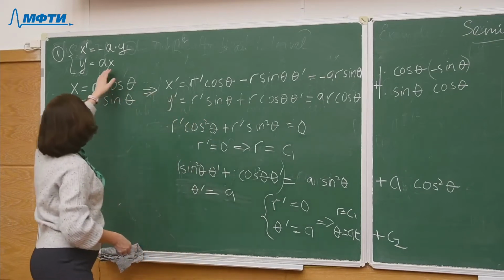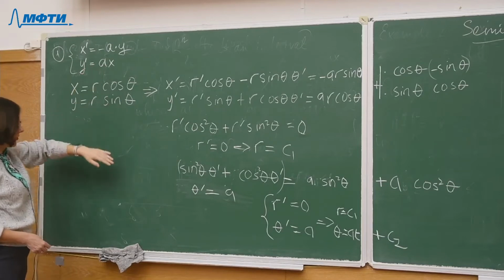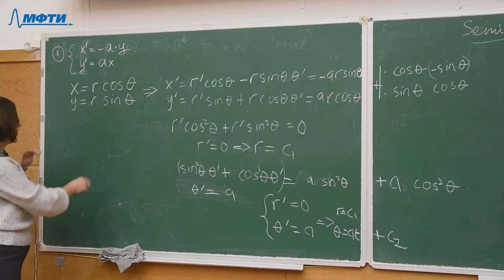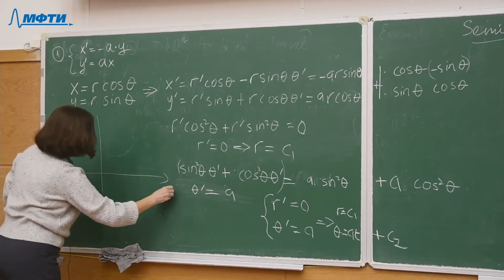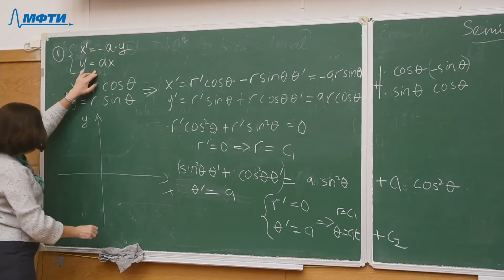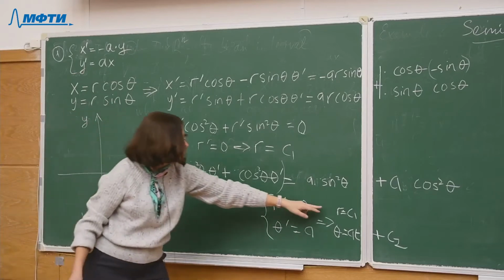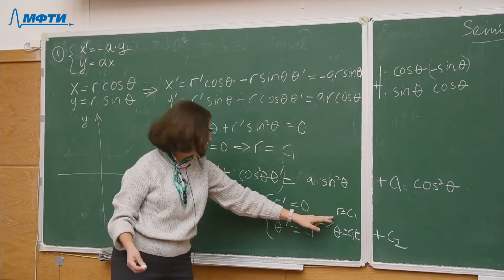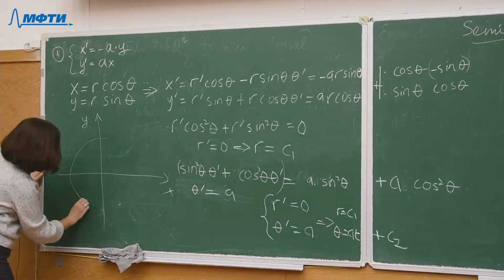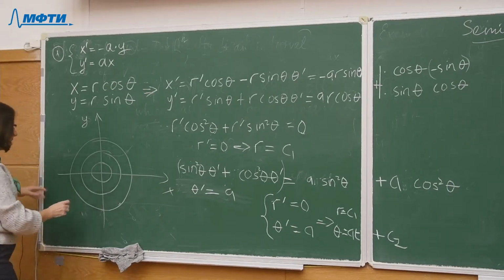And so if we want to look at the phase trajectories, so at the projections of integral curves on the xy plane, I don't want to draw t, but only the xy plane, we can see that r remains constant, and theta is equal to a t plus C2. This means that the trajectories will look like circles centered at the origin.